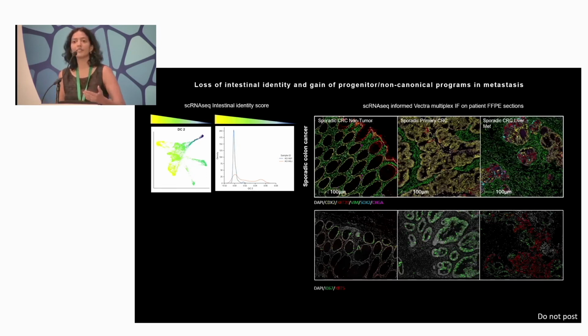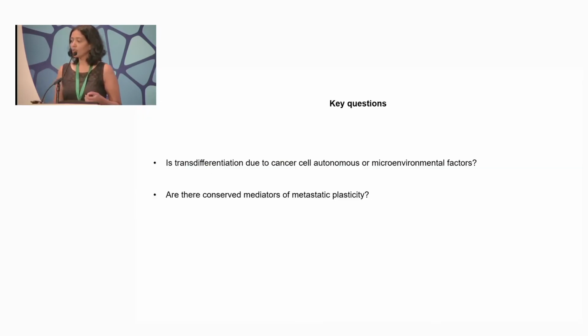But in the metastasis, we see far fewer of these cells express CDX2, the intestinal canonical lineage marker. And instead, we now start to see expression in blue of de-differentiated SOX2 stem cell markers, and also in red, we start to see expression in pink of chromogranin A, a neuroendocrine marker, and in the bottom panel, we see slower proliferation, loss of Ki67, and a gain instead of keratin 5, which is a canonical skin squamous cell marker.